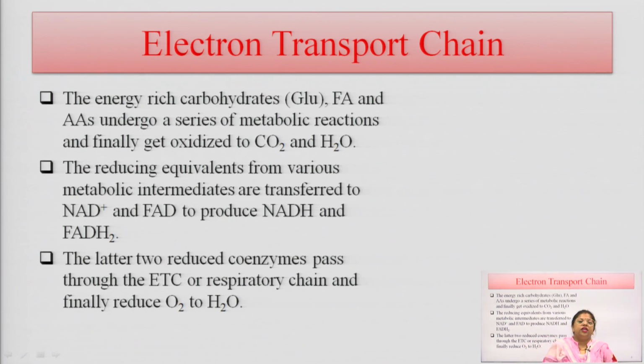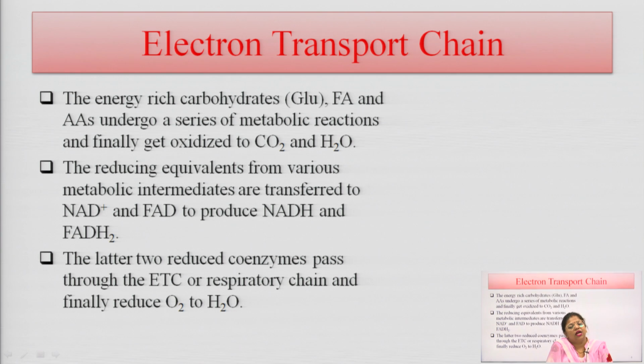So, what are energy rich compounds? Carbohydrates like glucose, fatty acids and amino acids undergo a series of different metabolic reactions, and they are finally oxidized to carbon dioxide and water. The reducing equivalents from various metabolic intermediates are carried by NAD positive and FAD, which produce NADH and FADH2.